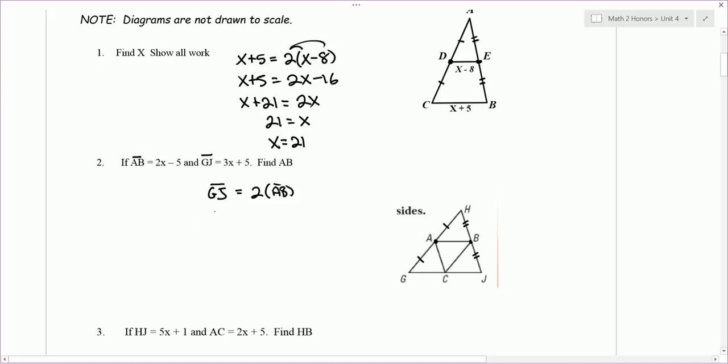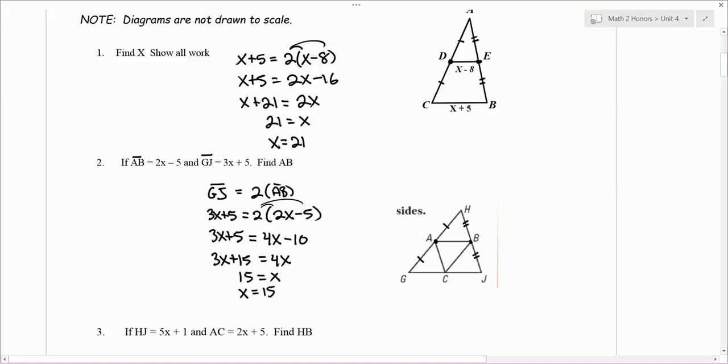Plugging these in, we get 3x plus 5 is equal to 2 times 2x minus 5. Distribute the 2, and we get 3x plus 5 equals 4x minus 10. I'll add 10 to both sides of the equation and subtract 3x, and we get x is 15.